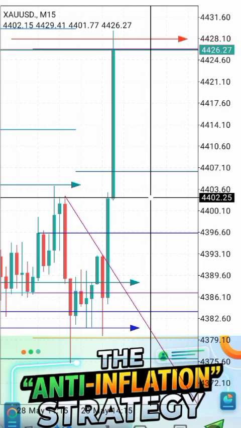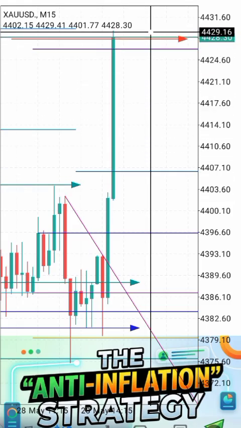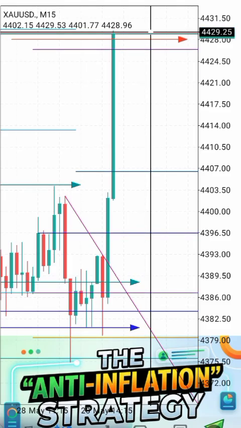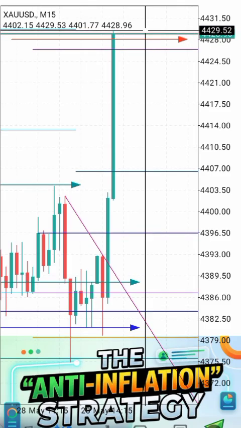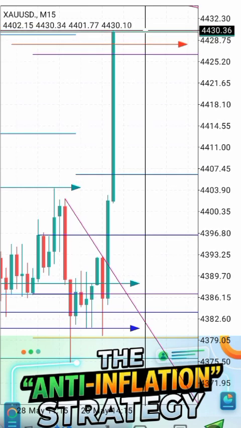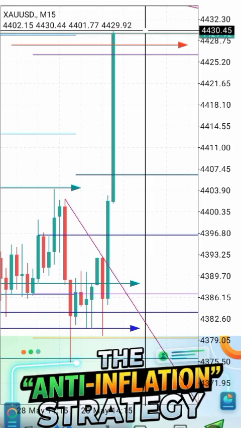Okay, so now the market is approaching 4429, which means that from 4428 the market can go to the ROEL at 4406. Yes, 4406. So we will be watching this as it comes to be.